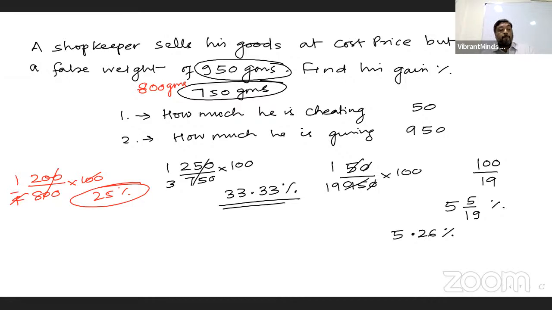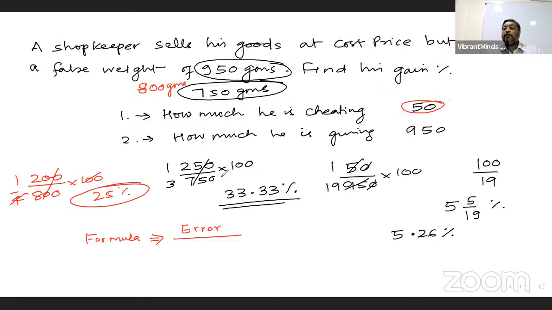See, I can give you this in formula also. Suppose I will write the formula for you if you want to use a formula. So I will not use how much he is cheating. I will say that he has committed an error. Error of how much?